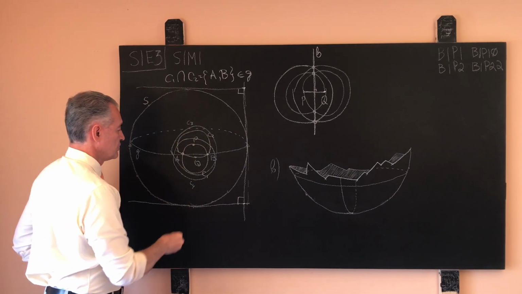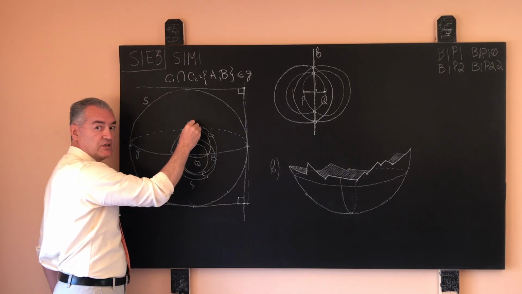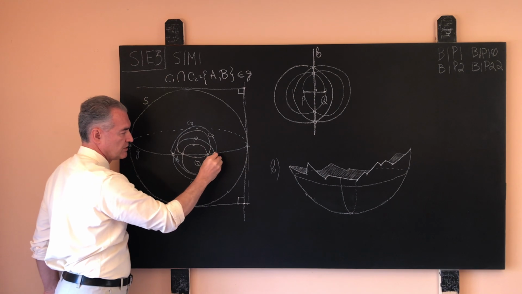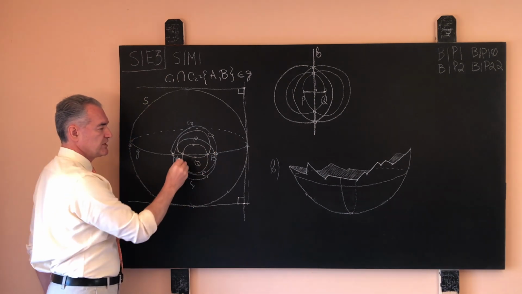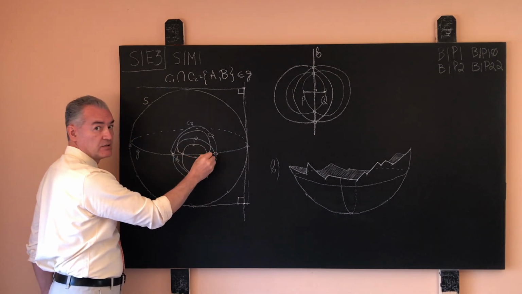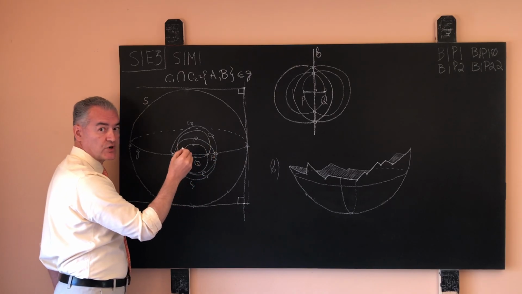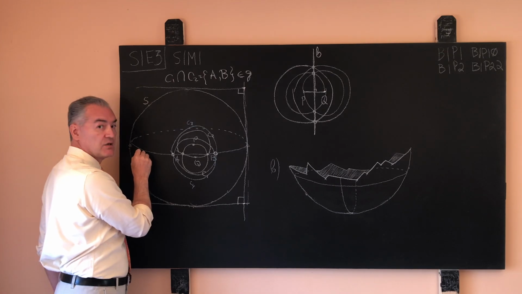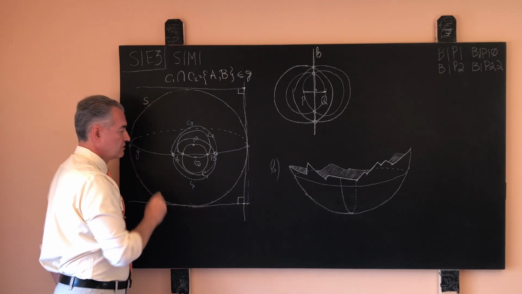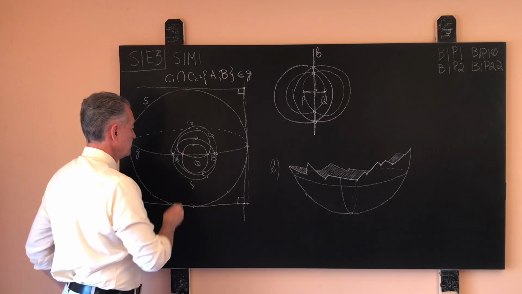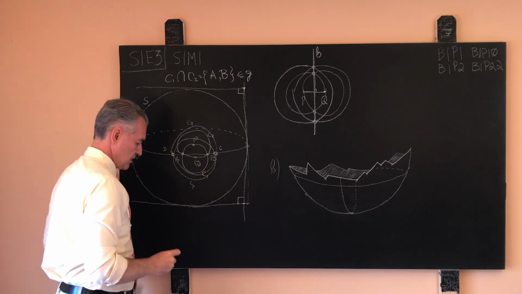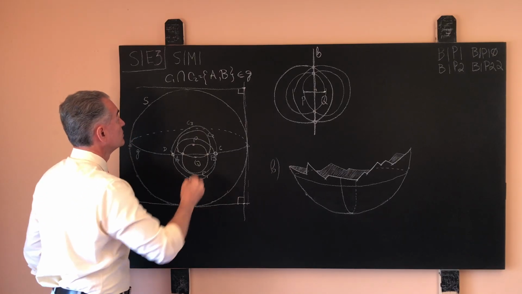The circles C4 and C3 will intersect at 2 new points, this point and this point, which will be distinct from the points A and B. But what's important for us, these 2 new points will sit exactly on the same great circle G. Let's name these points as, for example, D and C. So we can record this over here.